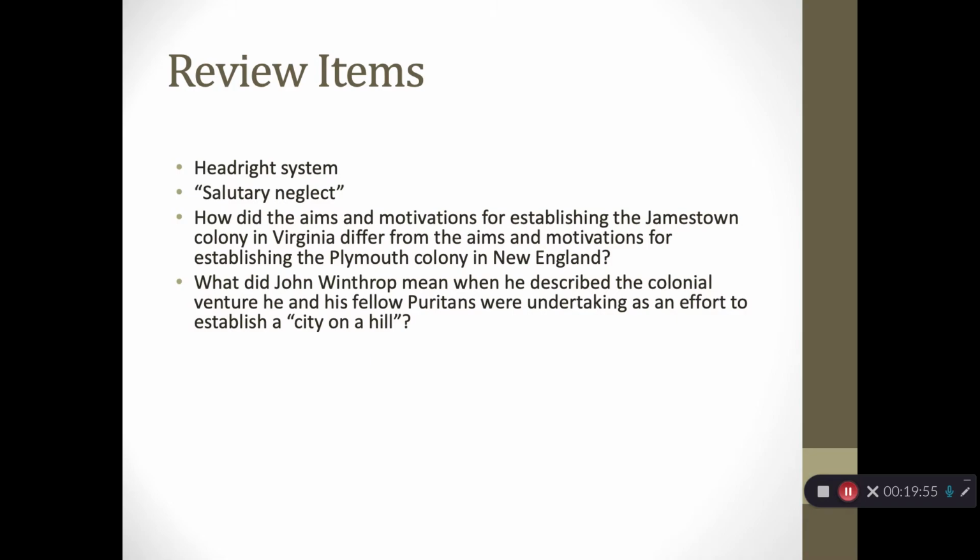They would hopefully look to the Massachusetts Bay Colony, this colony that John Winthrop was establishing, as a model for them to follow. Or in other words, it would be a city on a hill.